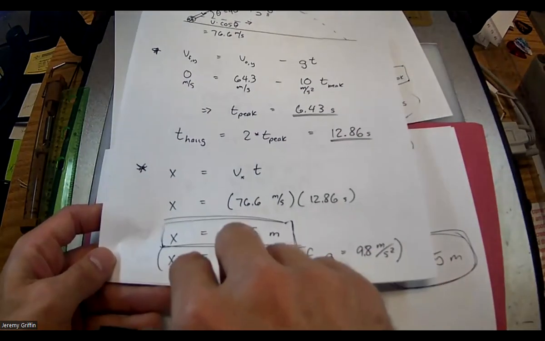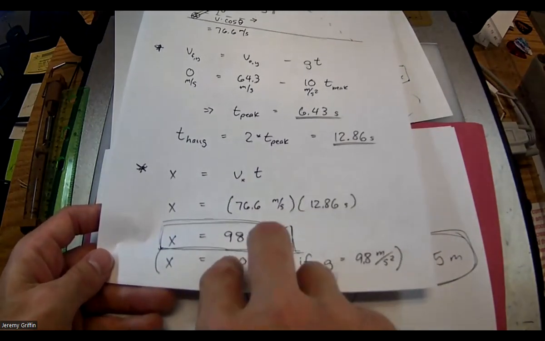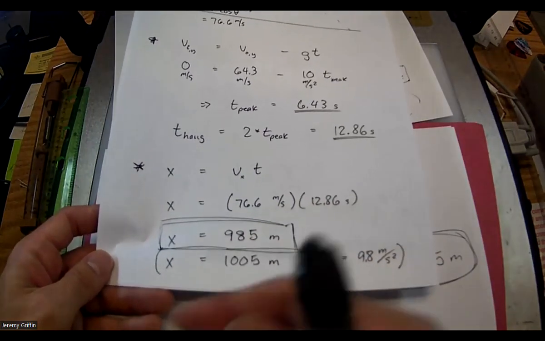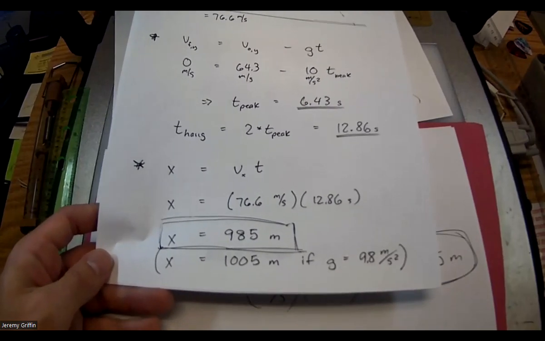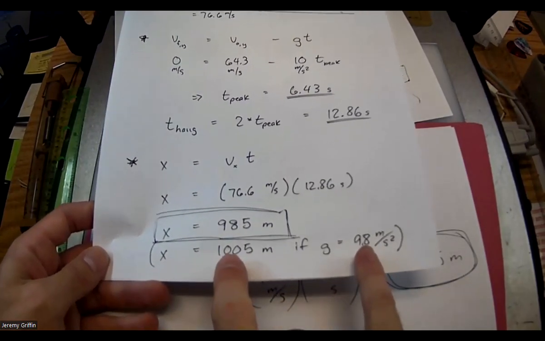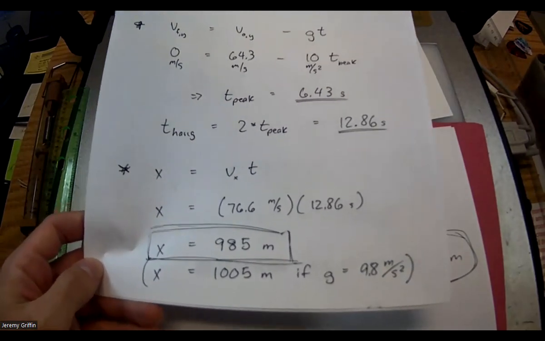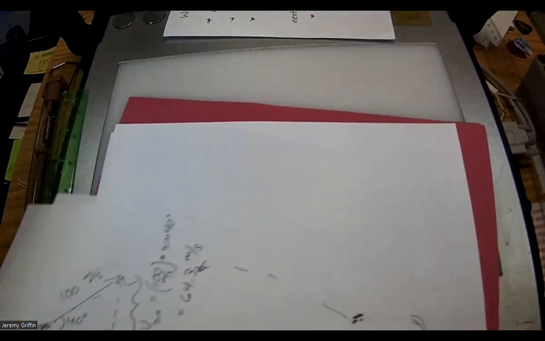You switch over to horizontal: x equals vt in the horizontal direction. If you use 10 meters per second squared, it's not going to go quite as far because gravity is assumed slightly stronger, so maybe it's a little bit short of a kilometer. And there you go, exactly what we got if you use 9.8 meters per second squared. You guys get that? Okay, projectiles.